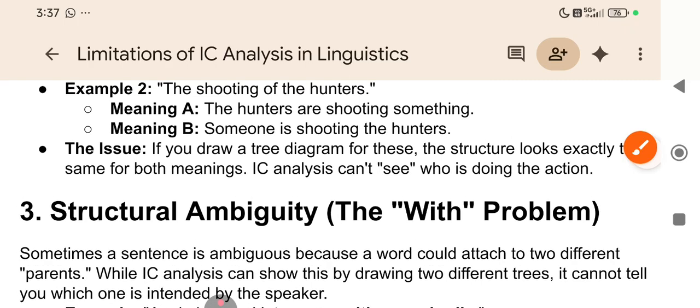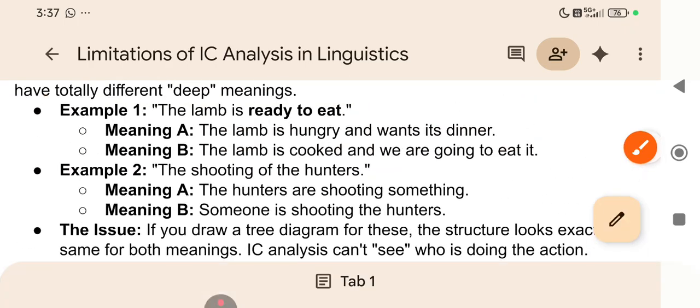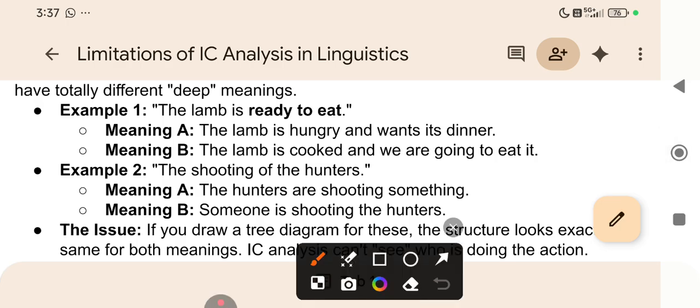So for such sentences, for example, the lamb is ready to eat. The lamb is the noun phrase, first cut, and is ready to eat is the verb phrase. In the second step, is ready: is is the helping verb, and then ready to eat.